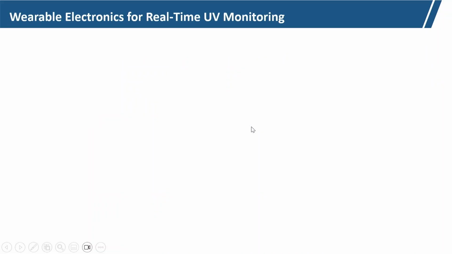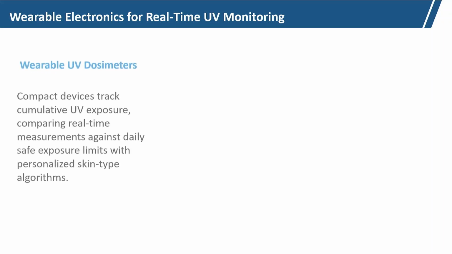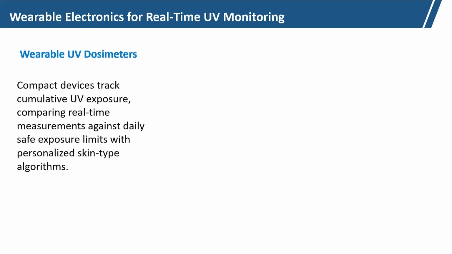And wearable electronics for real time UV monitoring is also important. So, wearable UV dosimeters are there, which will monitor the UV in real time. A compact device tracks the cumulative UV exposure.